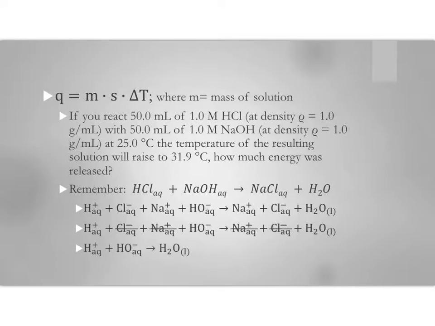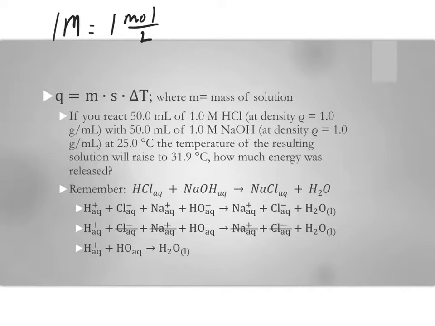If you react 50 milliliters of a 1 molar HCl solution, and 1 molar is defined as 1 mole per liter of a solution, with a density of rho equals 1.0 grams per milliliter, with another solution that's 50 milliliters in 1 molar but is sodium hydroxide, and it has a density of 1 gram per milliliter as well. At 25 degrees Celsius, the temperature of the resulting solution will raise to 31.9 degrees Celsius. How much energy was released?